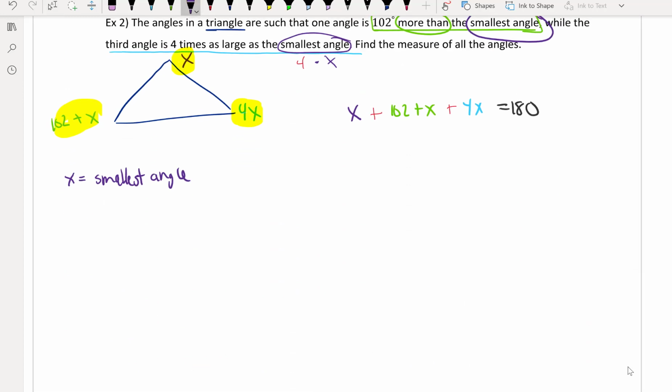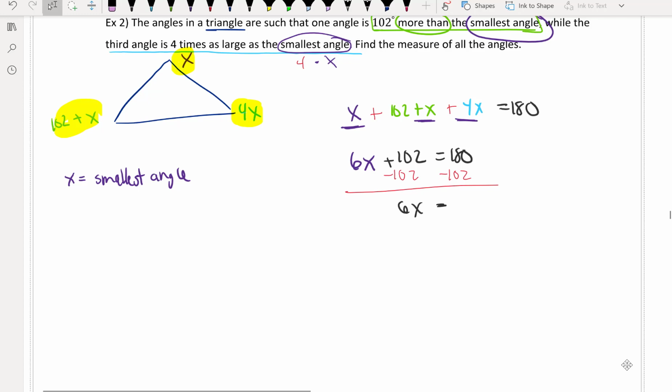So I'm going to go ahead and combine all of my x's together. So I have x, x, and 4x. So 4, 5, 6x. And then I still have plus 102 is equal to 180. So I'm going to subtract 102 from both sides.